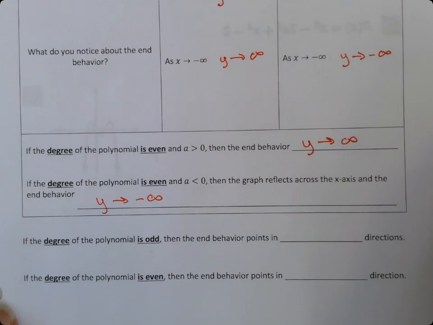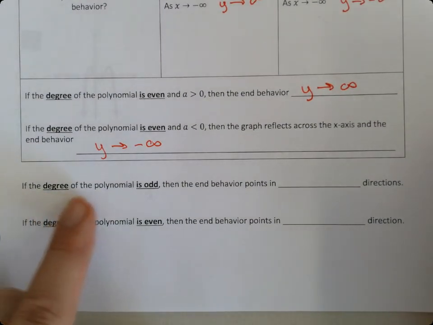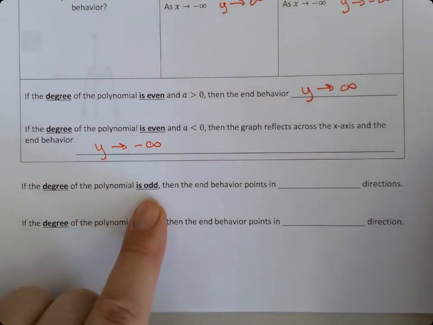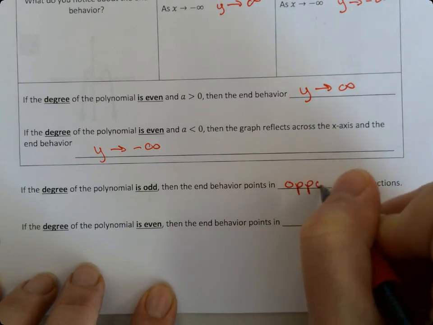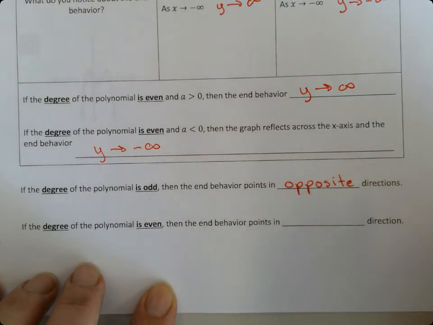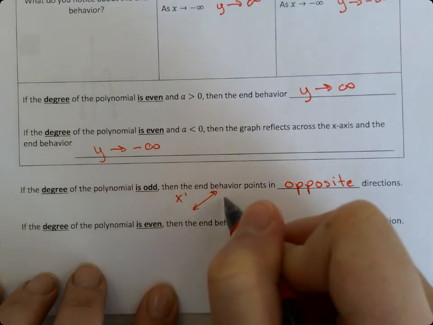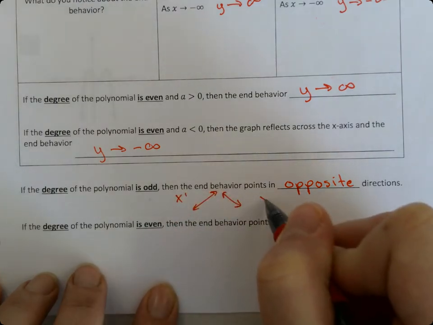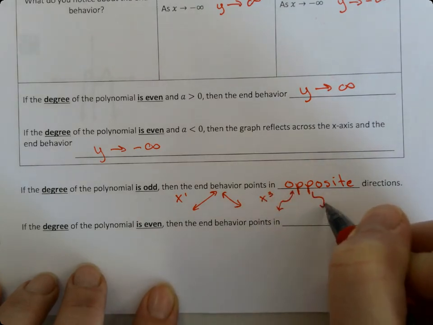All right, so I feel like we already had this. If the degree of the polynomial is odd, okay, the end behavior points in opposite directions. So I already showed that, but now we're actually writing it down. So if you have that odd x to the first, we had a line going in opposite directions. If we had x to the third, we had a hyperbola, and again, it's going in opposite directions.